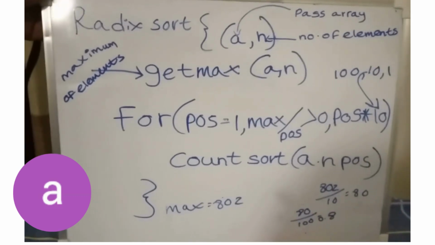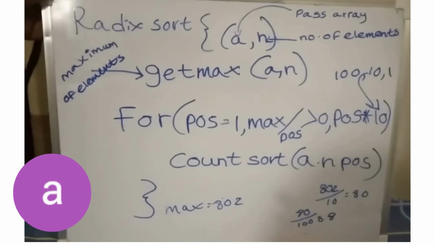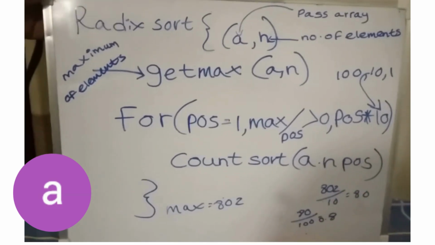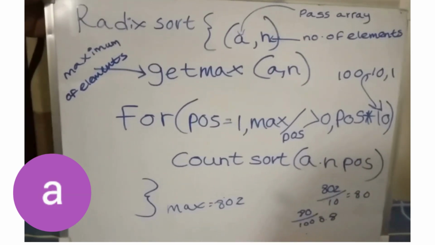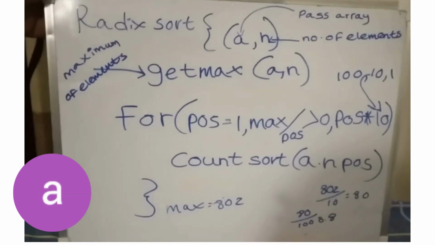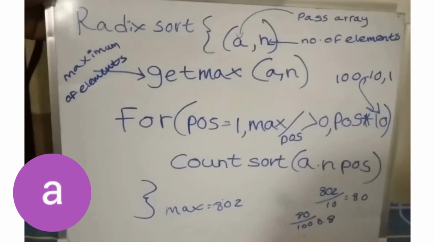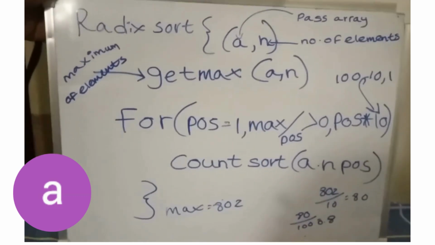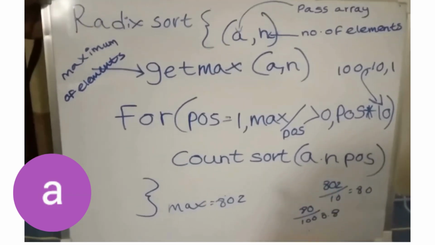It means that first, when we are sorting the array and counting, we check for the first place, and secondly we check for the 10th place, and finally we count for the 100th place. I also want to tell you why we are checking counts for only the 100 place.